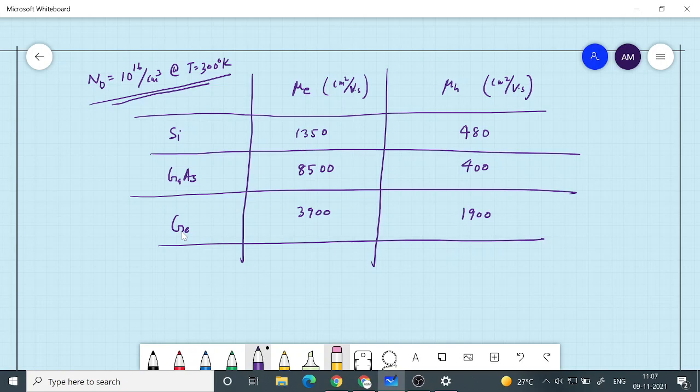For silicon, the mobility of electrons is around 2.5 times larger than that of holes. That means whenever we have an option to make a device using N-type material or P-type material, we prefer N-type material because it will offer high speed.